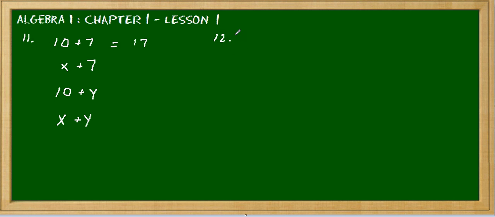Number 12, in the figures below, the box represents any number, and the sets of circles represent specific numbers. So we have here figure number 1, and let's go ahead and draw these out here so we can see them.